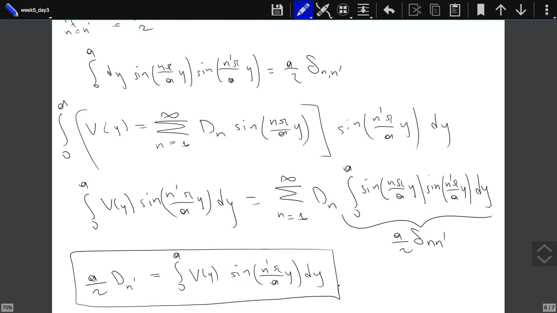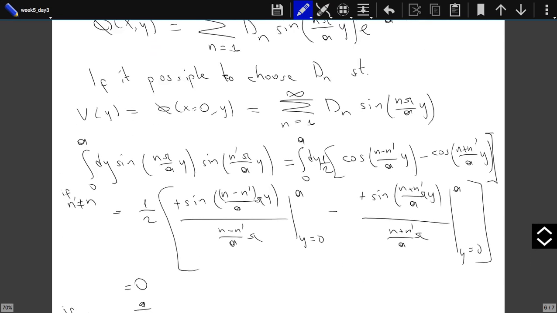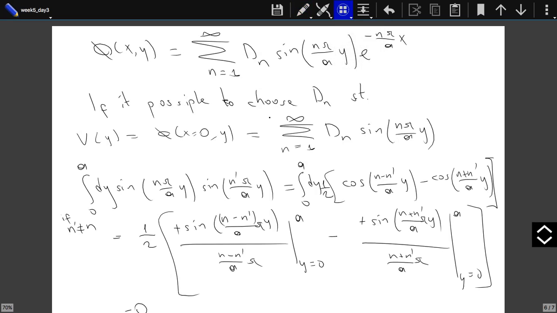So given v of y, we know what the dn constants should be, and hence we know the potential. So we know what our potential is.